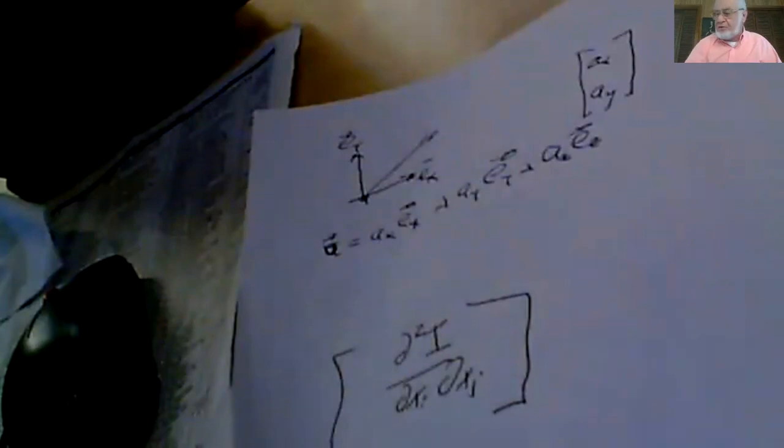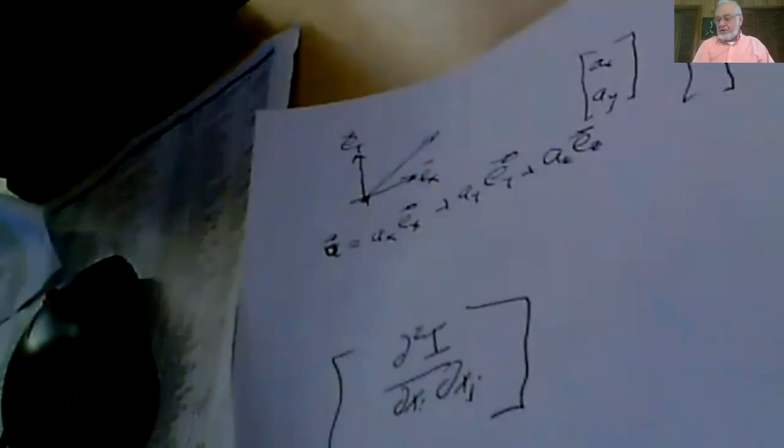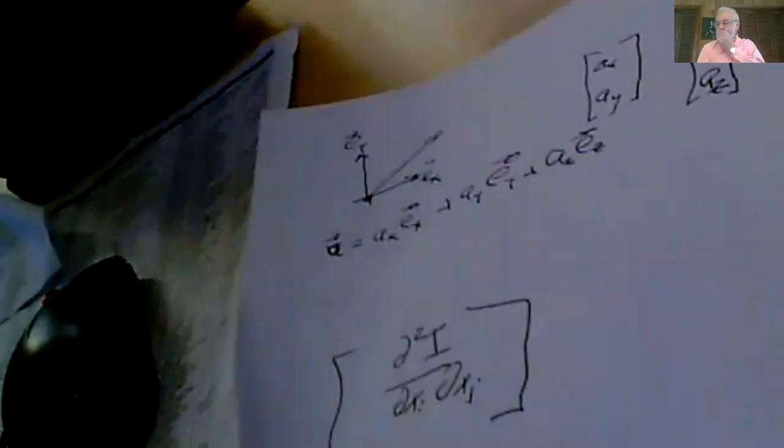And now how many entries are there going to be in the representation of this vector in 3 space? 3, right? AX, AY, AZ. Okay?